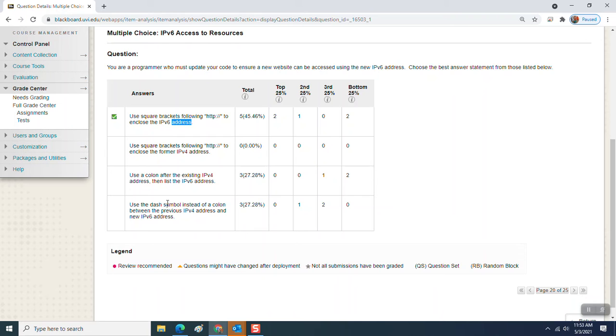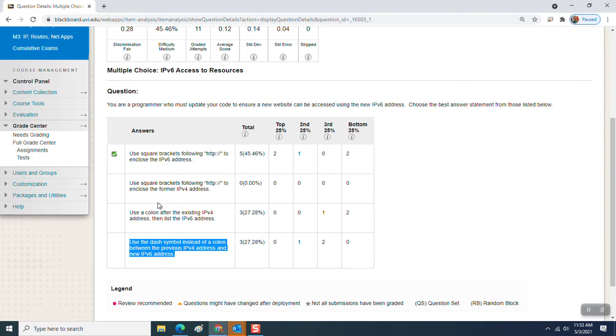You use a dash, that's a separate case, but that doesn't apply here. The dash symbol is used instead of colons for a separate case that has to do with another use. So that is related but not the same. You don't use dashes with the IPv4 address.